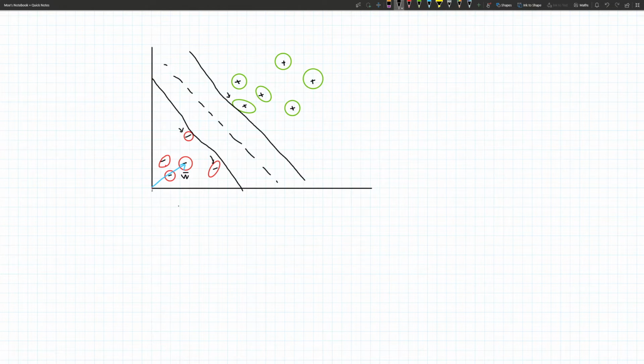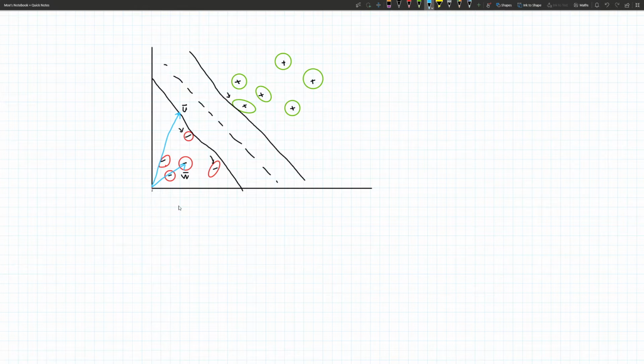But we don't know the most important property here: the length of vector W. Then we have an unknown point called U, and we have a vector that points to it.